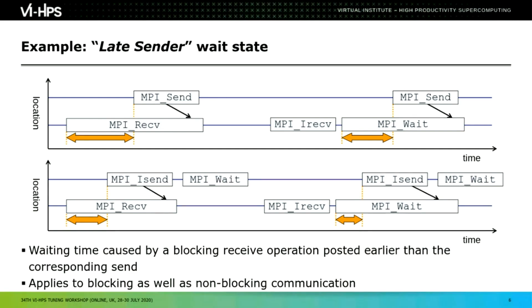So in each case, there's a point-to-point communication going on, and the receipt of that message can't actually be initiated until the corresponding send has been posted. And those are the sorts of patterns of interaction between processes. It's one example of what we would be looking for in the Scalasca trace analysis.